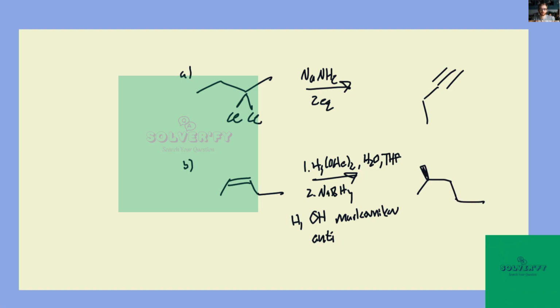something like this. We get an OH and our hydrogen adding anti to each other, where the OH adds to the left, or where the OH adds to the right, and the hydrogen adds anti.